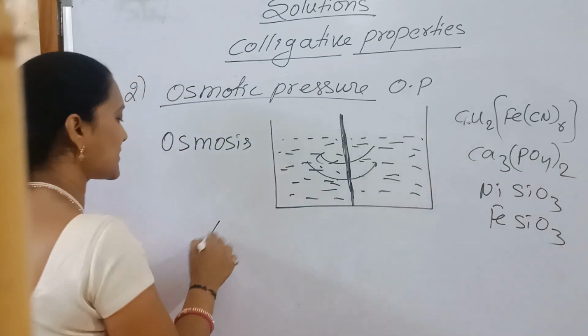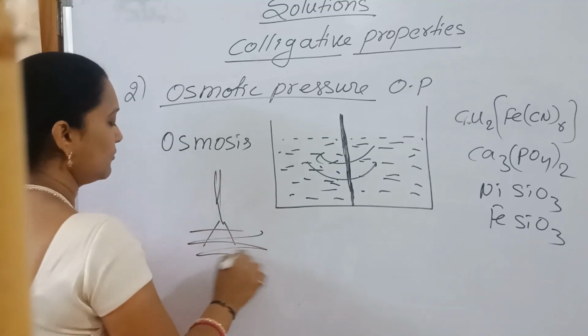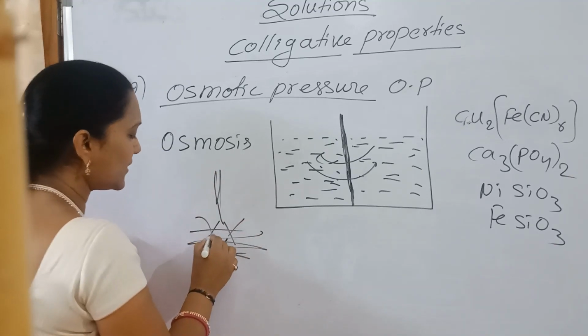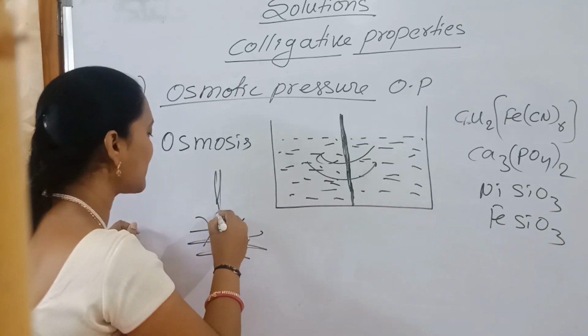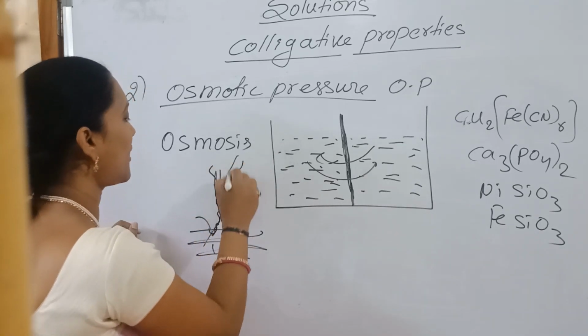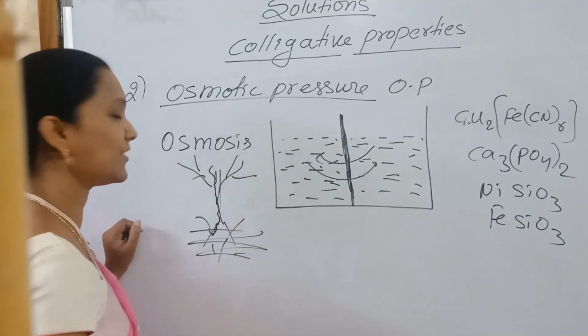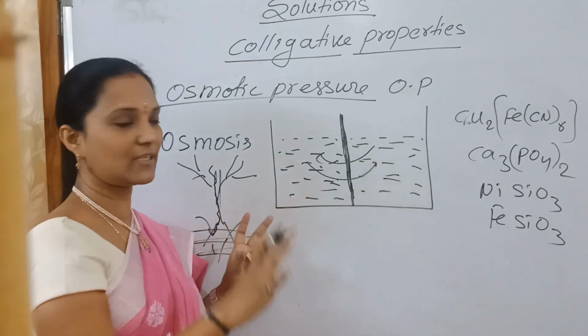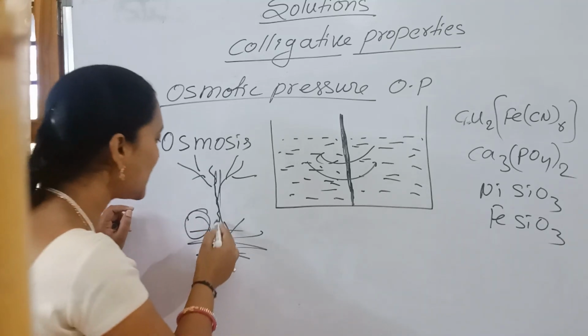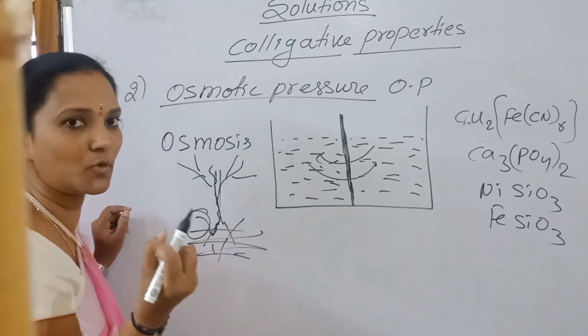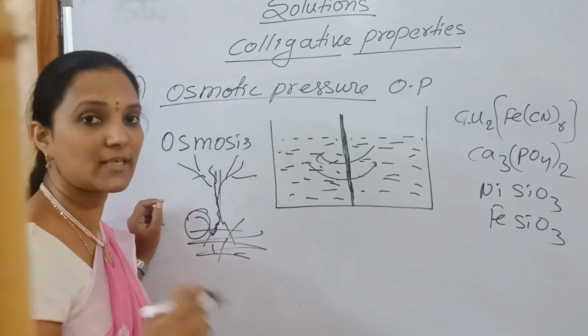For example, plants. We pour water here, and this water goes through the cell wall, which acts as a semi-permeable membrane. Water flows to all parts of the plant. The water we added is a dilute solution, while the concentration inside the cells is more, so it is considered a concentrated solution.